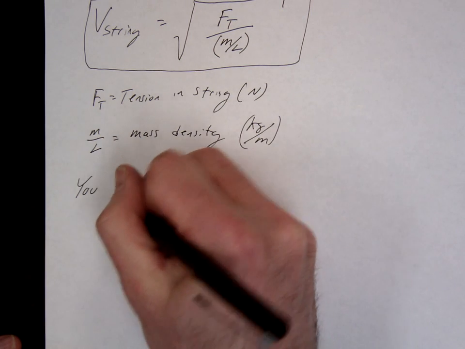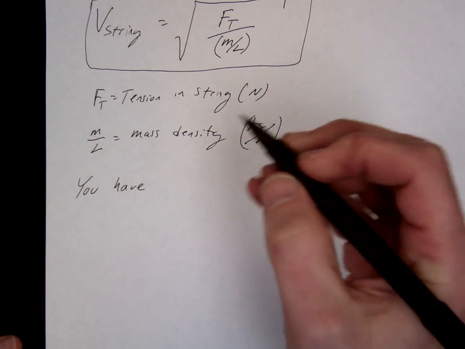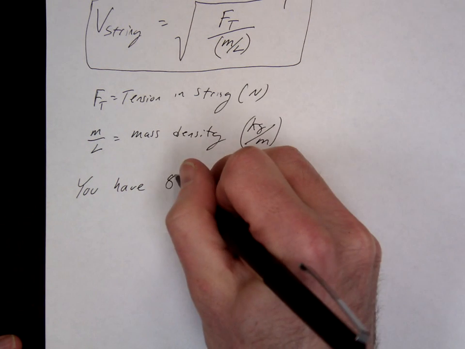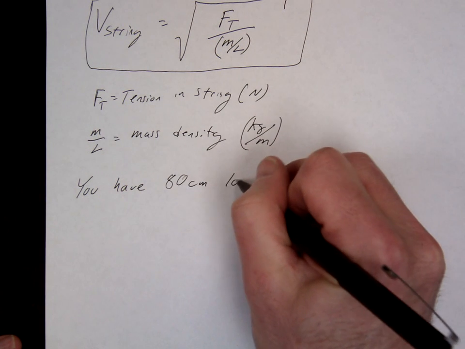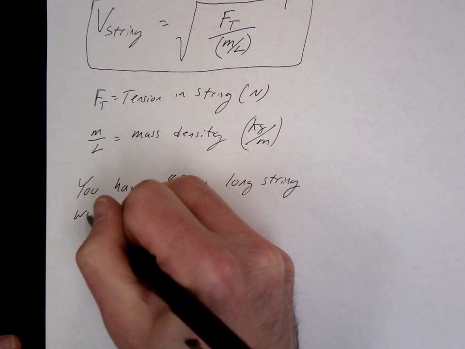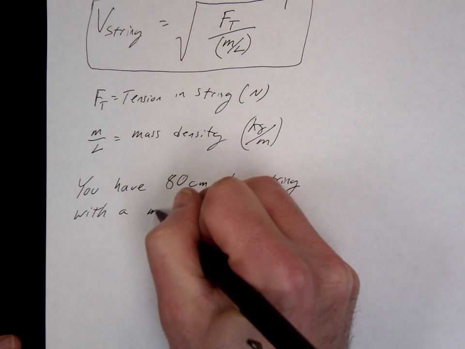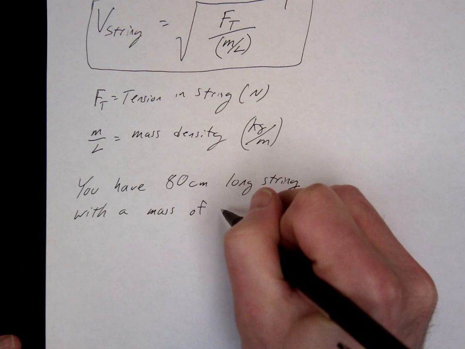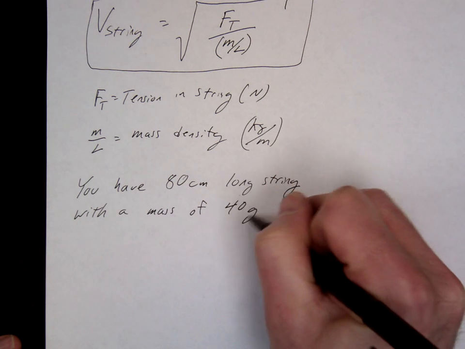So let's say you have an 80 centimeter long string with a mass of 40 grams.